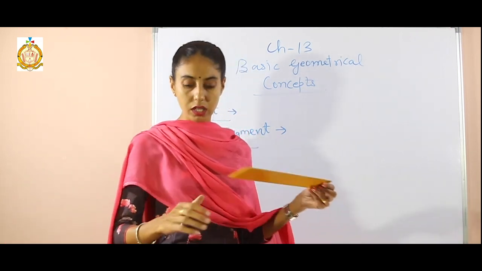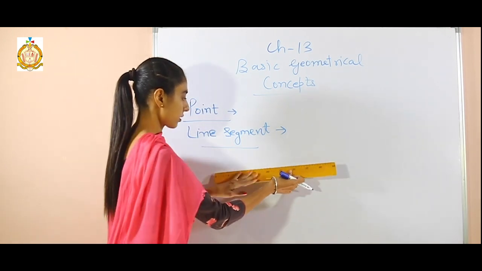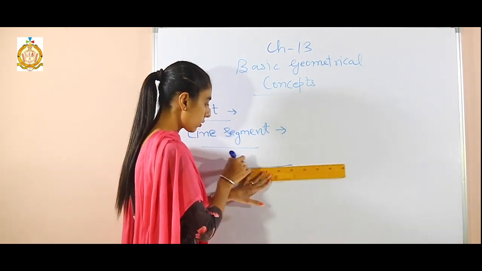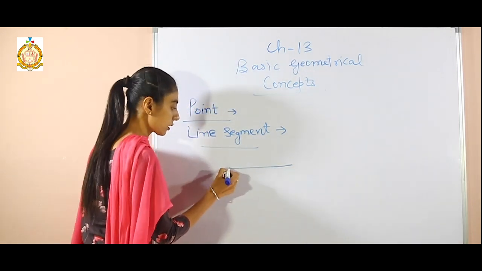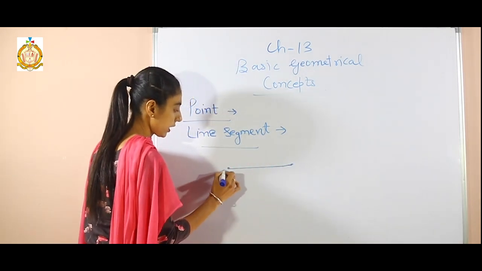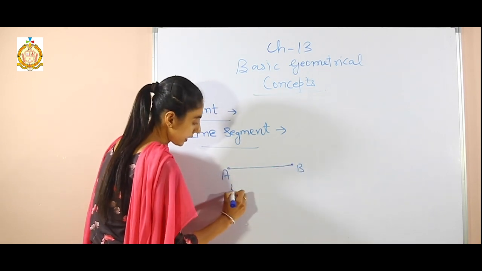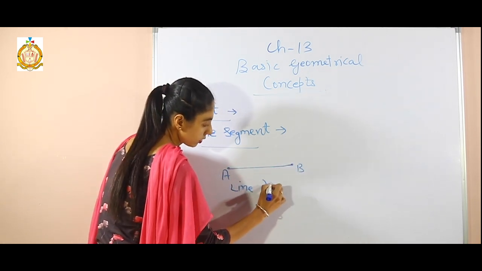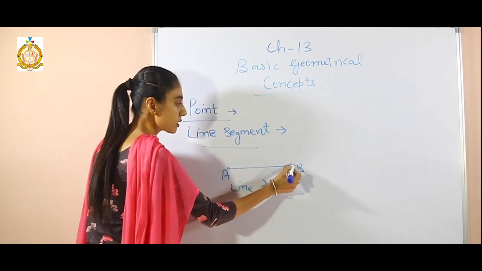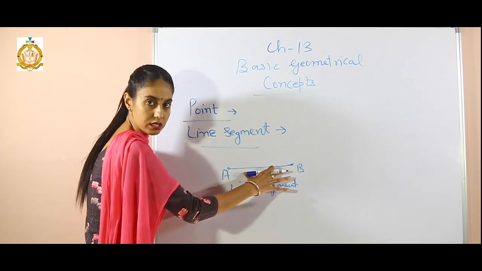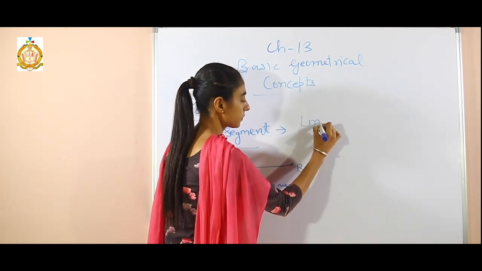With the help of a scale, you have to draw one line with a particular length, A and B. This is the line segment because it has 2 definite endpoints. Clear?